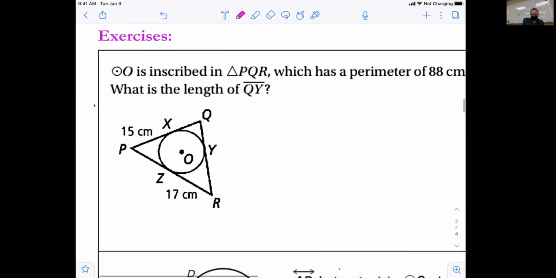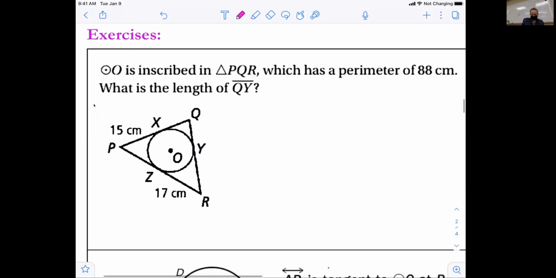This one says circle O is inscribed in triangle PQR, which has a perimeter of 88 centimeters. What's the length of QY? Have I used the word inscribed with you guys yet? No. Inscribed means that it's inside of, and it's flush with, meaning it touches at one point where it can.